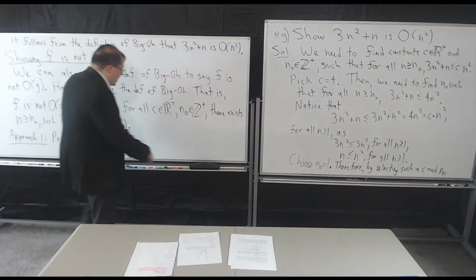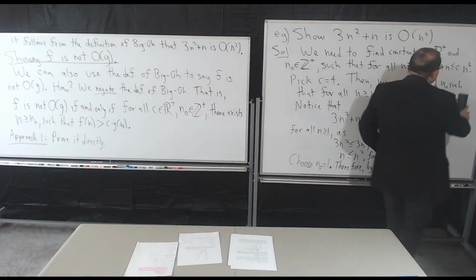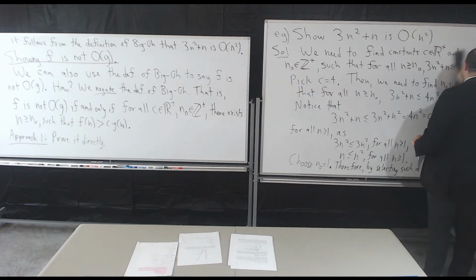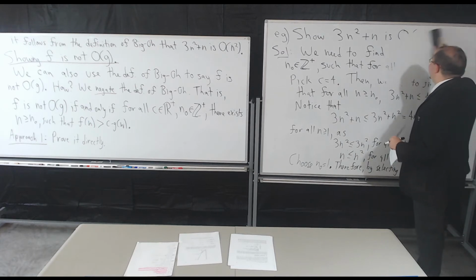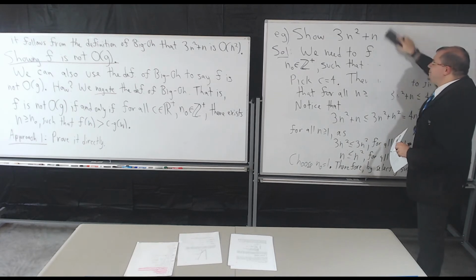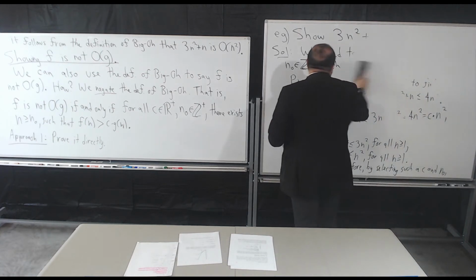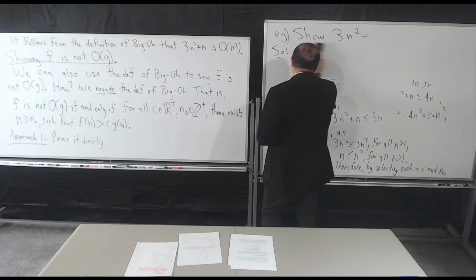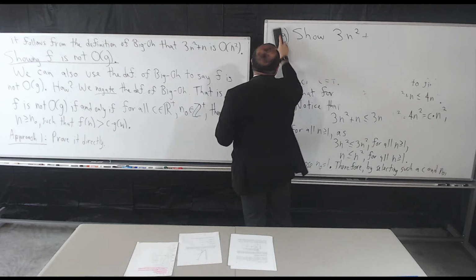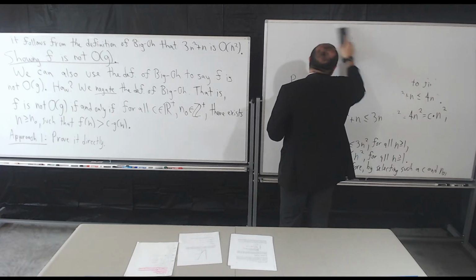For those more trained in discrete mathematics, this might look like it's really just doing the same thing in a different way. But for the purposes of this class, I'm going to show you two different approaches. You get to pick which one you like more. But remember, you still have to do it correctly.